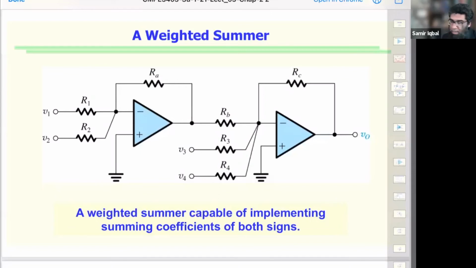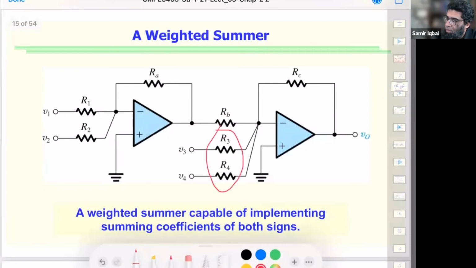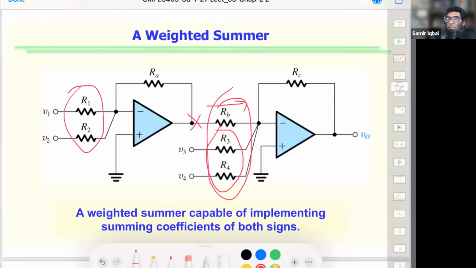Once they add up, these three resistances are coming up as the parallel resistances for that. And so we get the negative signs for that.